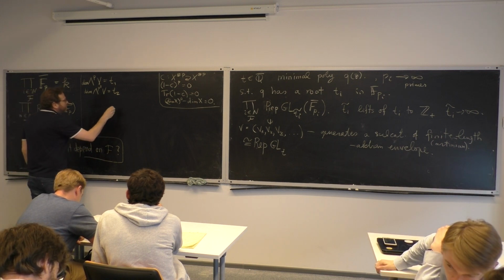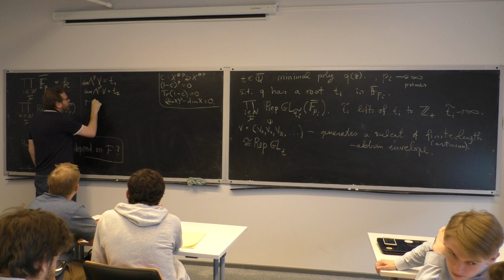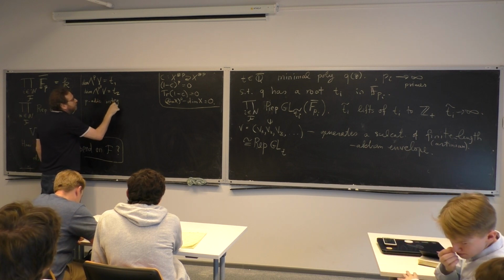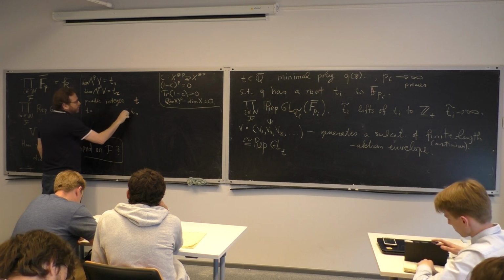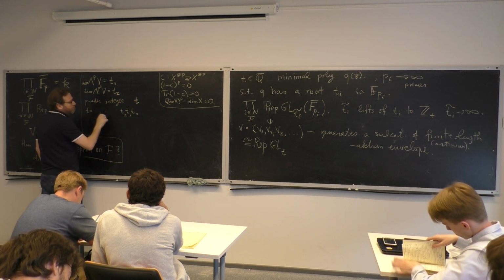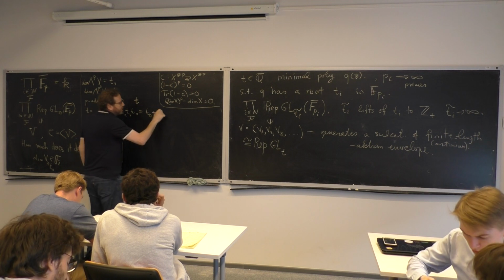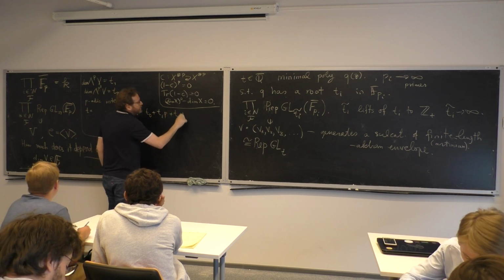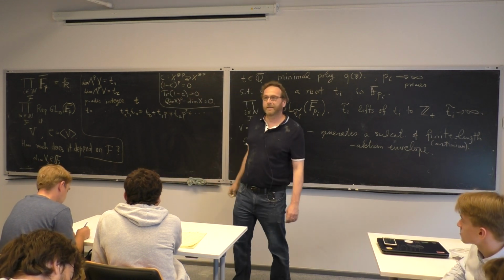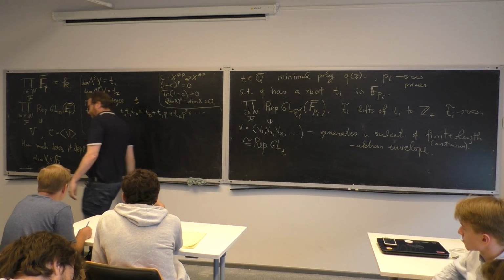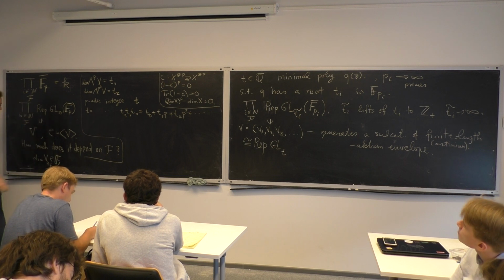And then we can form the p-adic integer T, where T is equal to T0, T1, T2, and so on, which is like T0 plus T1 times p plus T2 times p squared plus so on. And this T is extracted from here.